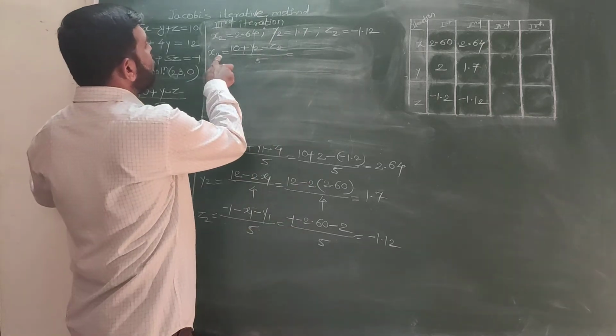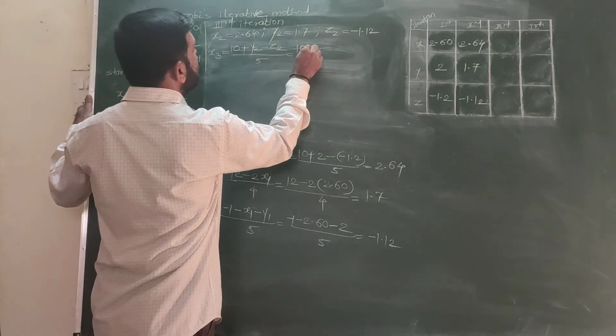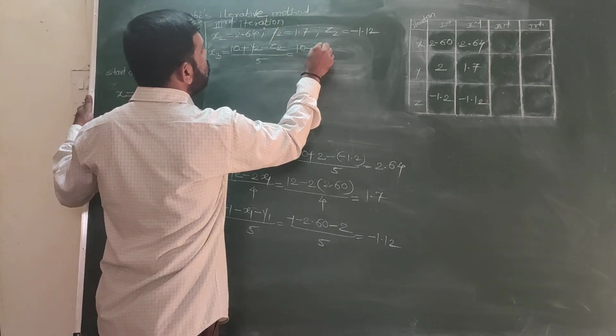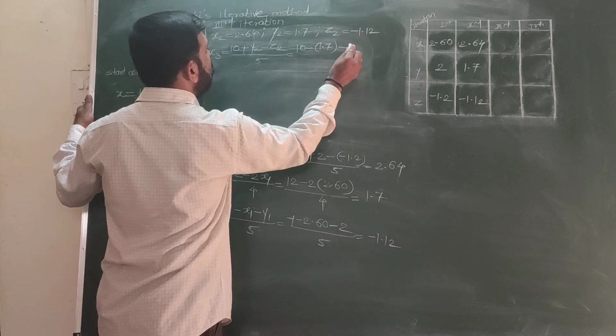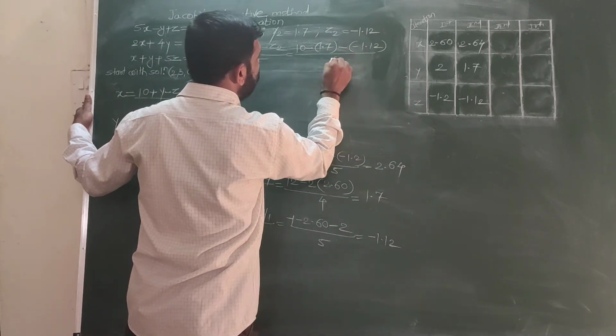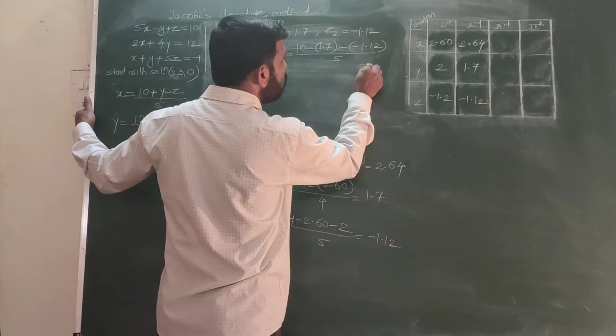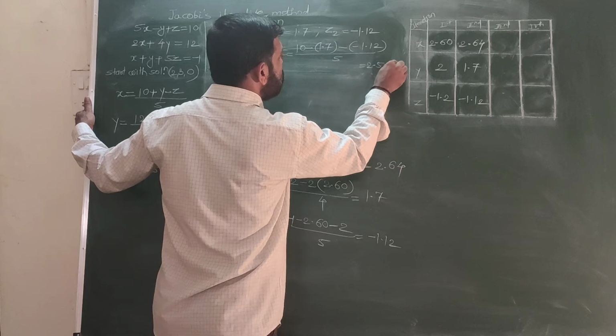In this, substitute your value of y2, 1.7, minus z2, upon 5. Output of this is 2.564.